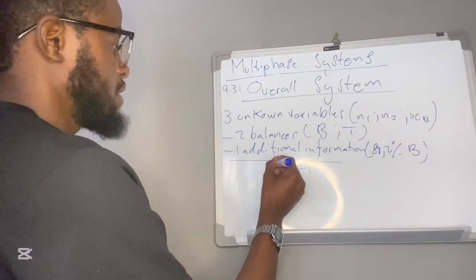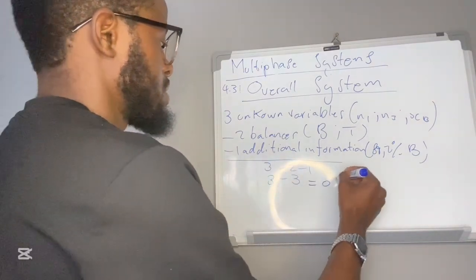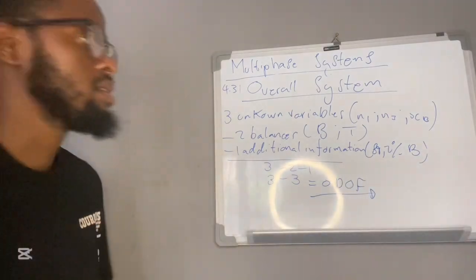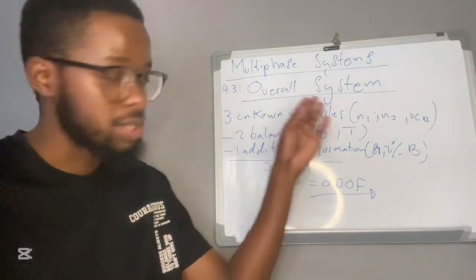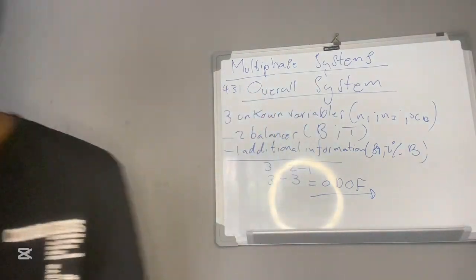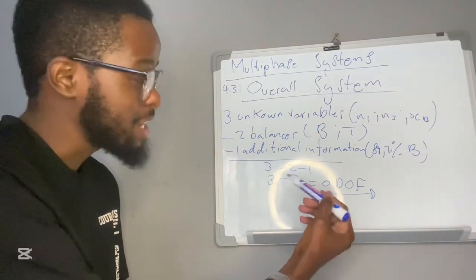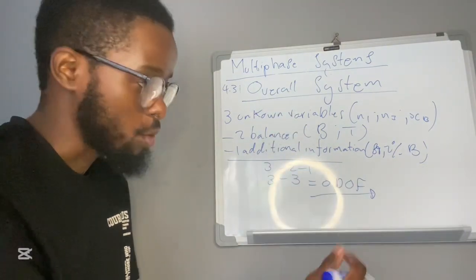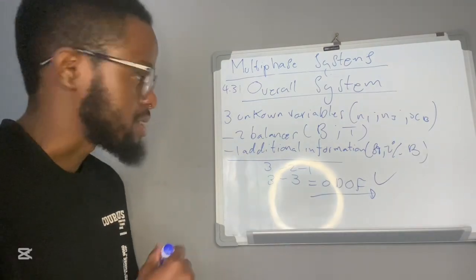So now you have DOF equals 0 for the overall, and then we're done with the overall. We're going to do the distillation one. Keep in mind they asked you to continue until you find one that has 0 DOF. At this moment the overall has 0 DOF.